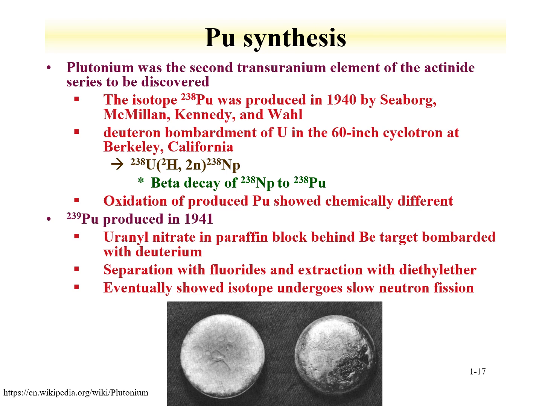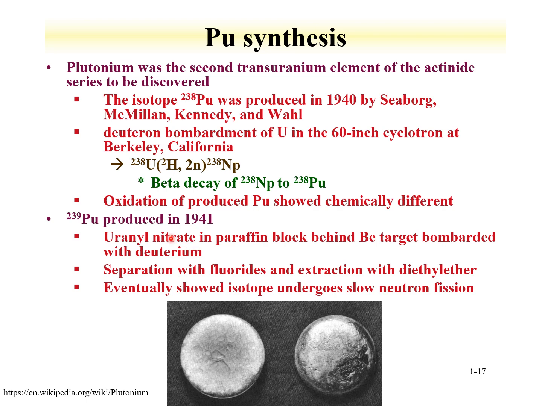Eventually, in 1941, plutonium-239 was produced, where uranyl nitrate in wax was behind a beryllium target that was bombarded with deuterium, so a lot of neutrons. The paraffin block would thermalize, or slow down, those neutrons. So the uranium-238, in this case, would absorb a neutron and make uranium-239.